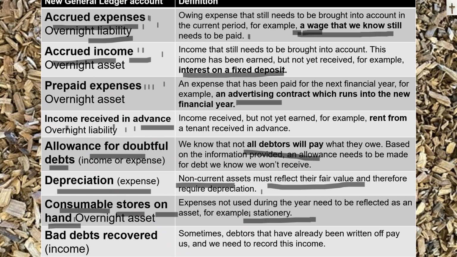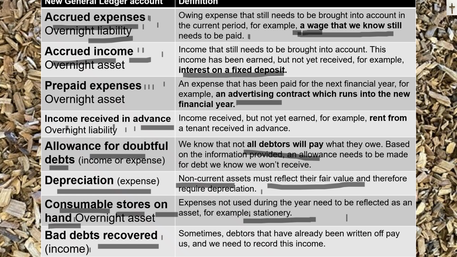Now something that I've just brought in here, bad debts recovered. If a debtor we had written off previously comes into money and decides to pay us, we've written off their account in our books. We call it bad debts recovered, which is income.